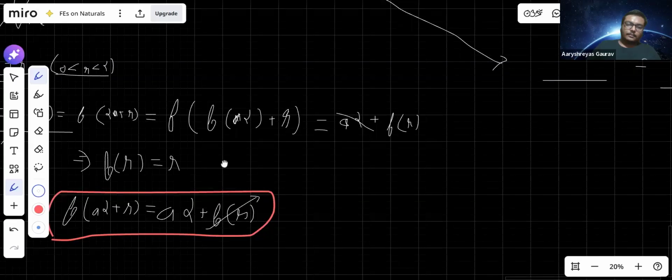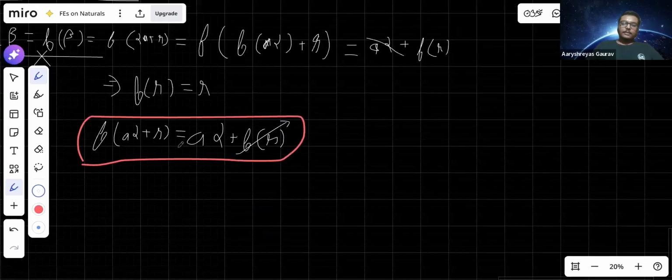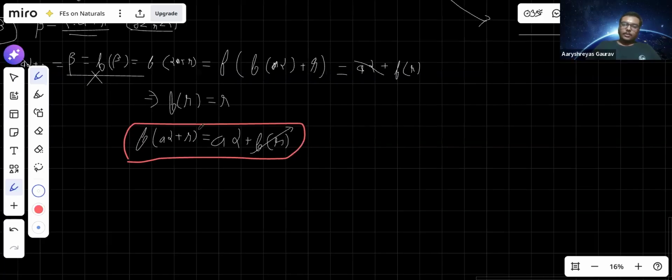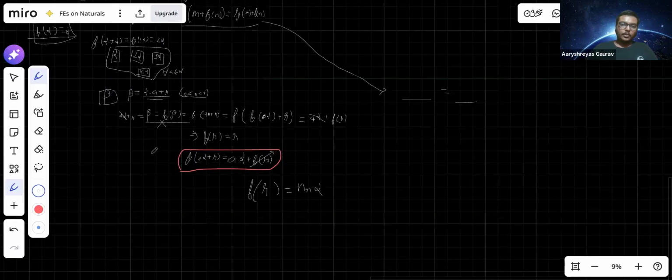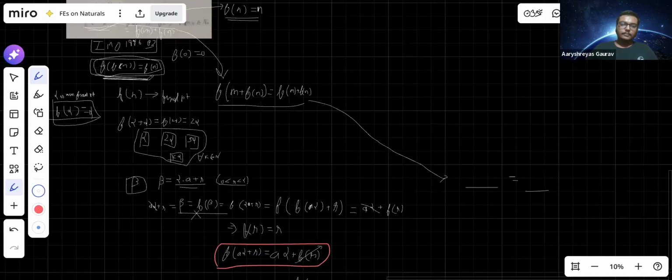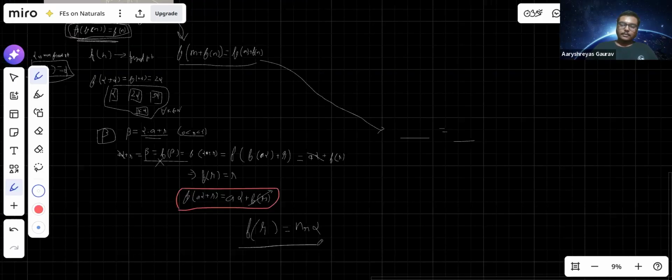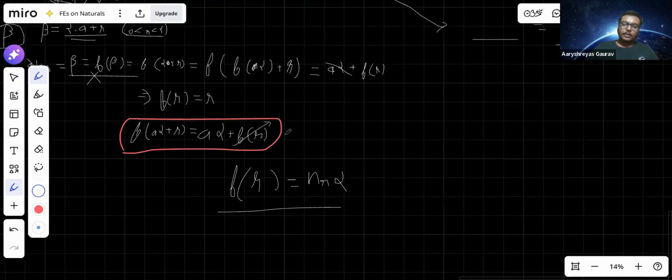This is not possible. So since f of r is also a fixed point, we have to write f of r is equal to n_r times alpha, where n_r can be any natural number. We have already proved that f of r is a fixed point because of this condition. So this thing will become a alpha plus n_r alpha.